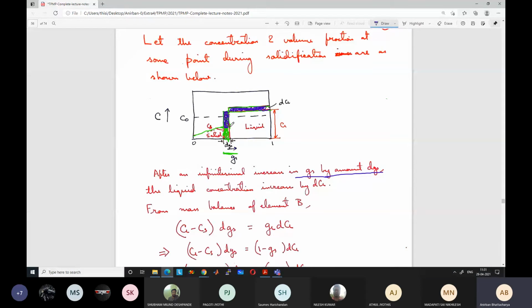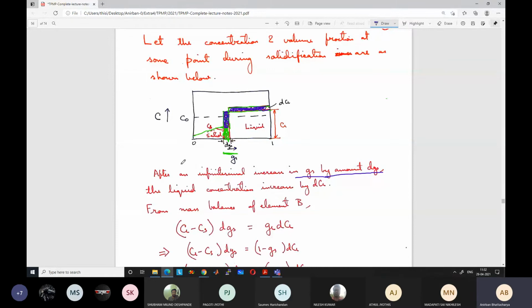We are not considering Cs plus DCs, the small increase in solid concentration because of DCl, because we will have an increase of concentration Kp into DCl, but if we multiply by DGs, it is a multiplication of two very small amounts, so it will be almost equal to 0. So we will just assume that the concentration of the solid remains as Cs.